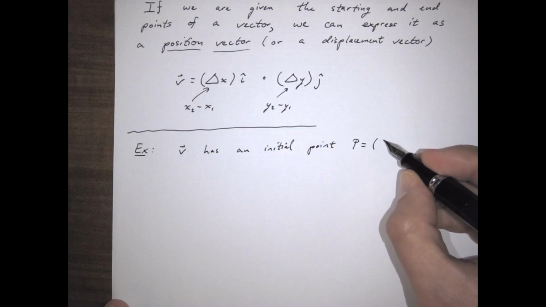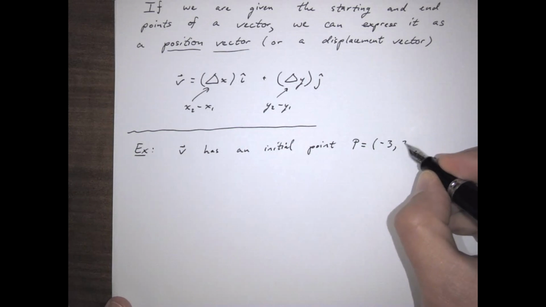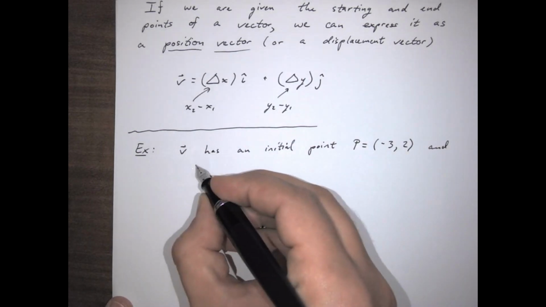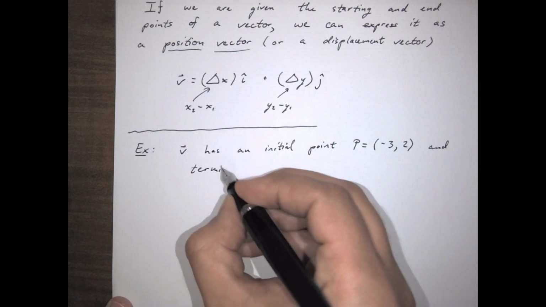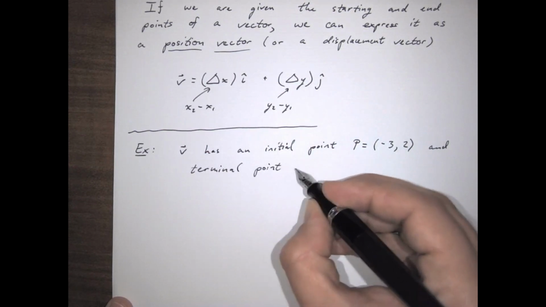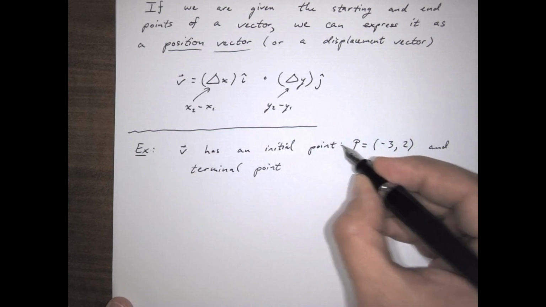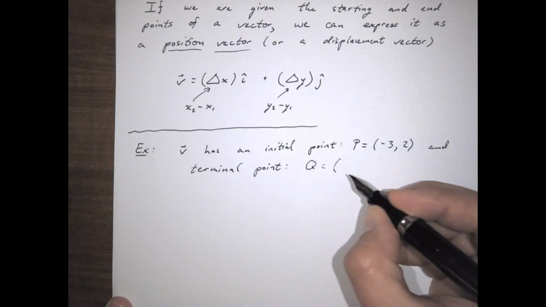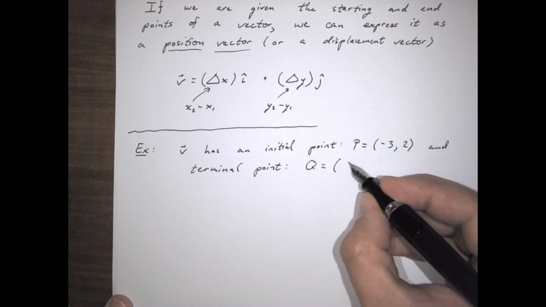Let's say it's negative 3 comma 2, and terminal point q, which will equal, let's just say, 6 comma 5.